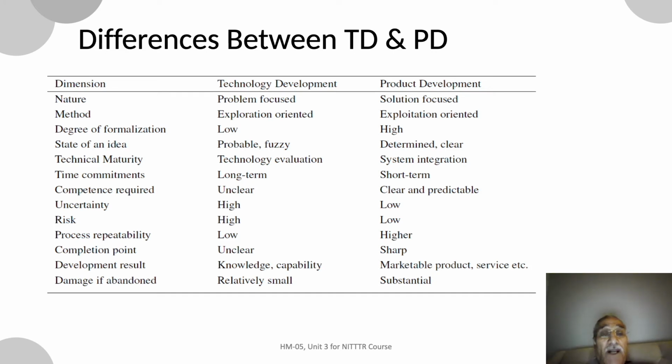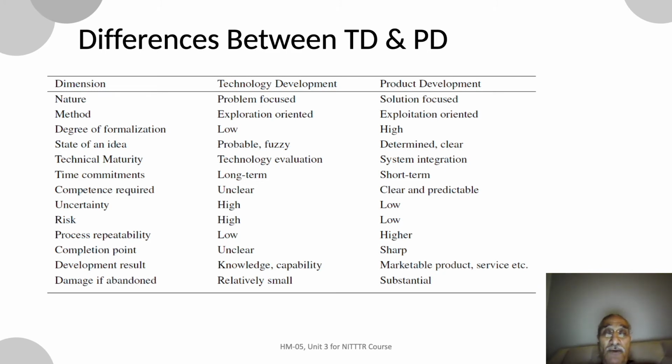The degree of formalization is low in technology development because there, when we are trying to talk in terms of formal things, we are not sure whether the technology development will be successful, whether the idea will be converted into proper technology, and if it is done, how much overheads it will have, what kind of experiences it will generate, and what kind of expertise it would need.